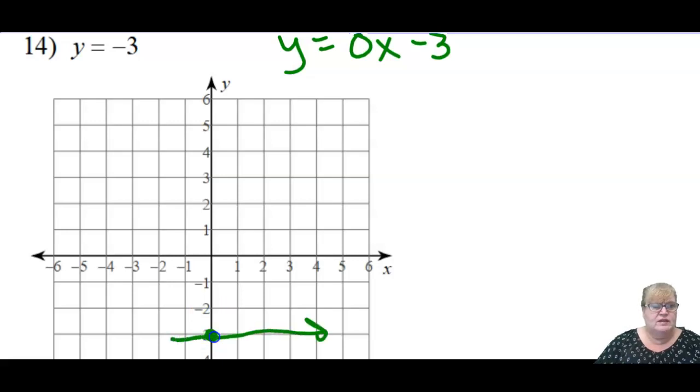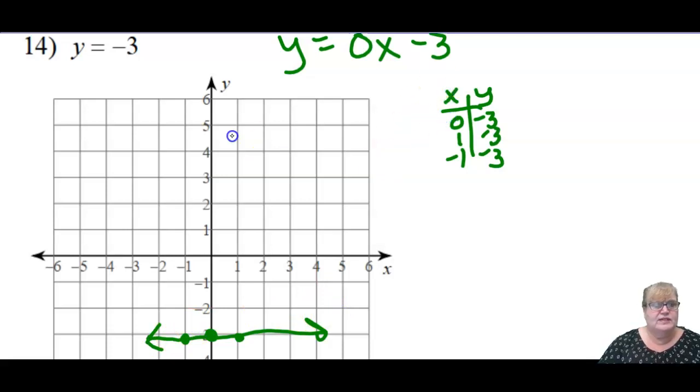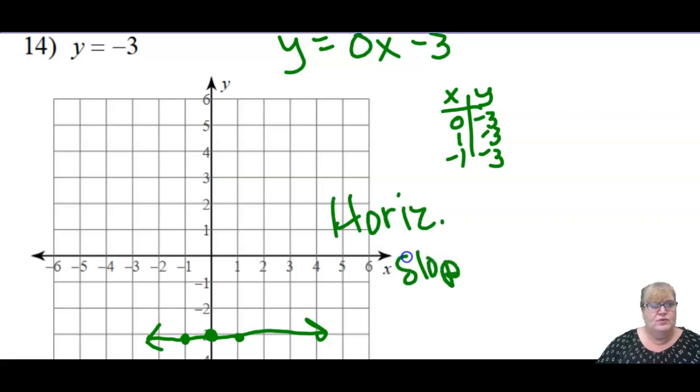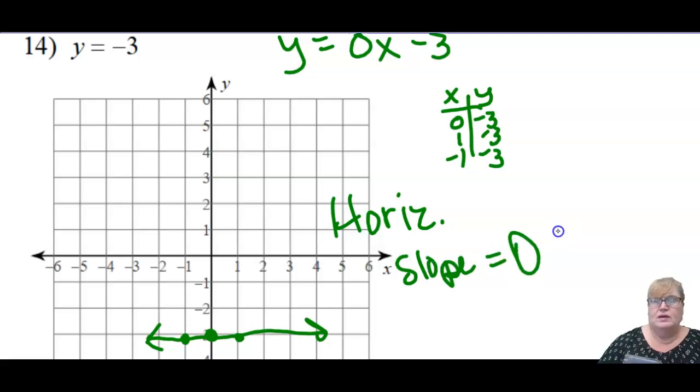So it is a horizontal line, or if you put all the ordered pairs in, y would always be -3. So you'd go over 0, down 3, over 1, down 3, left 1, down 3. They're going to make a horizontal line. So that's either way of explaining that. Again, it was horizontal, and that meant the slope is 0.